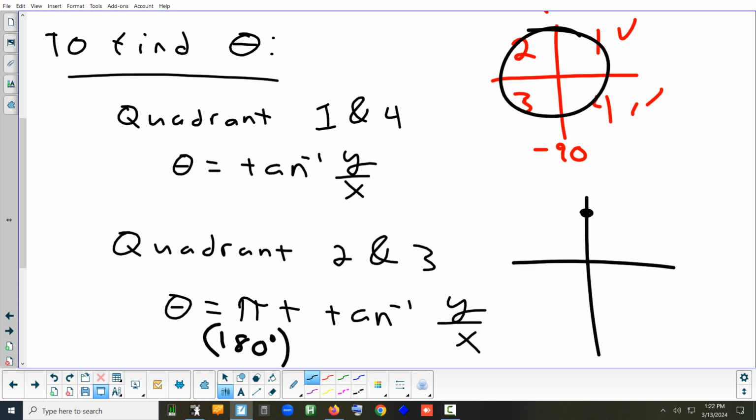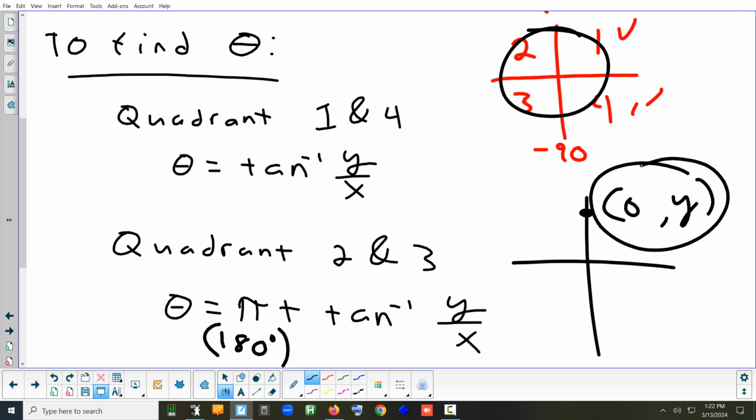Let's say we have this point right there. What's the coordinates of that point? As much as you can tell me. 0 comma something, right? It's 0 comma y. If you try to fill this in right there or here, doesn't matter, either one, what's going to happen? Why?